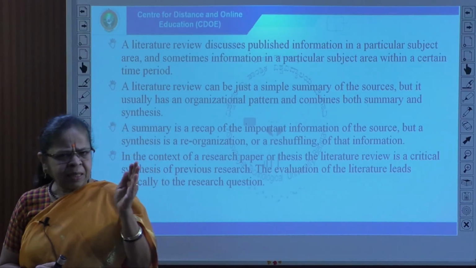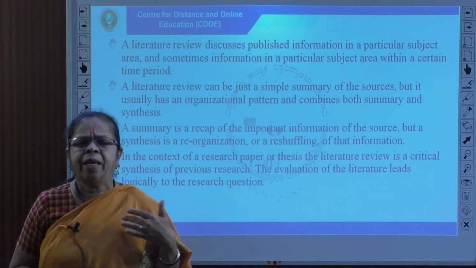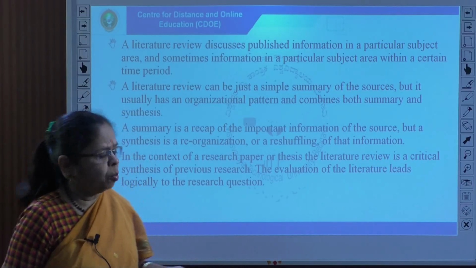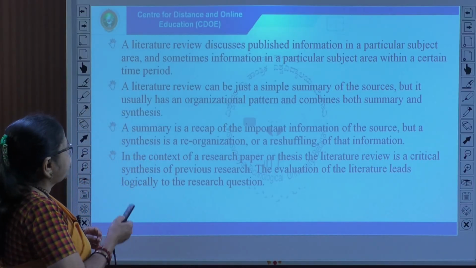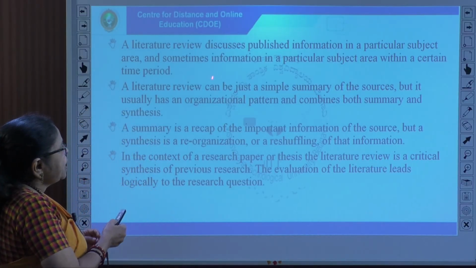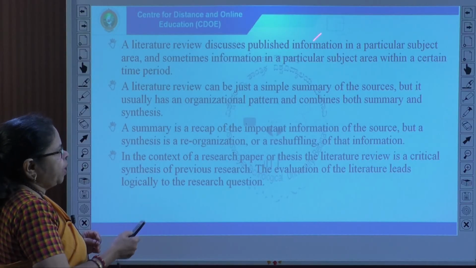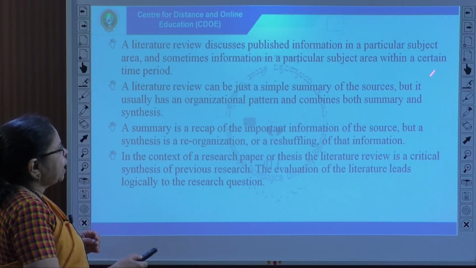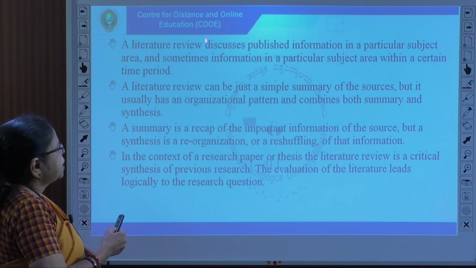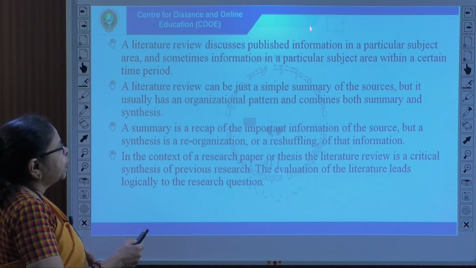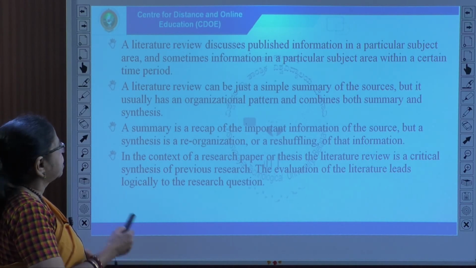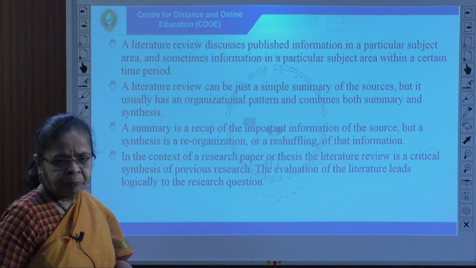So, we will again just see a few things about literature review to understand better. A literature review discusses published information in a particular subject area and sometimes information in a particular subject area within a certain time period.